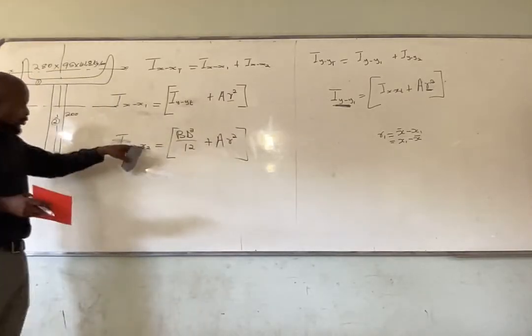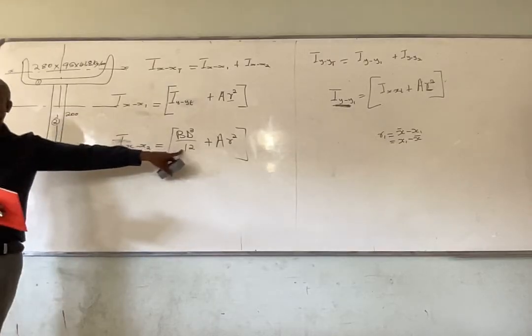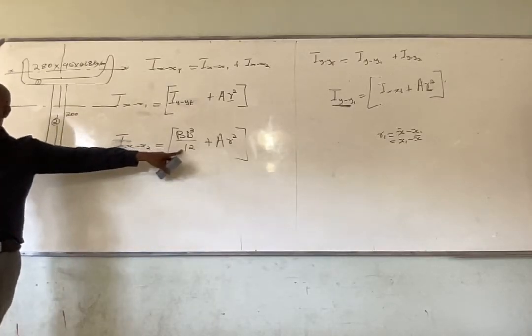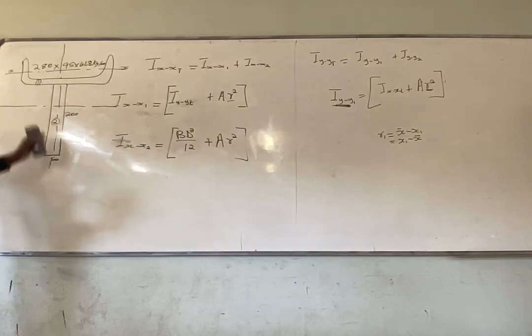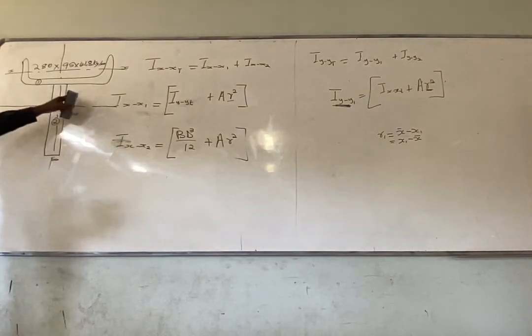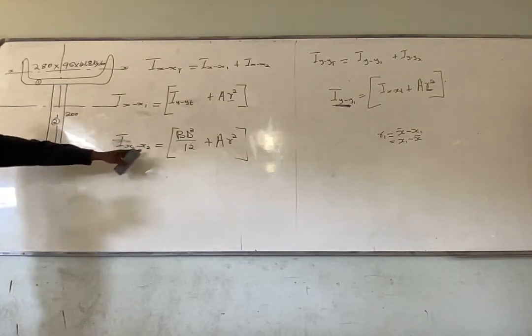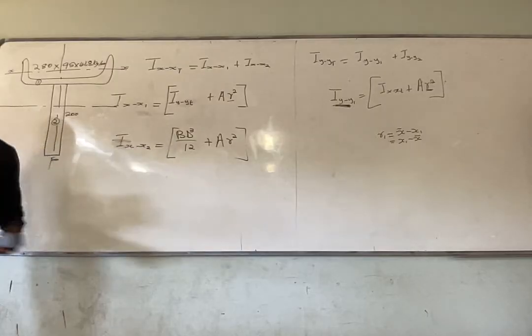Because area 2 is not standard, we cannot read it from here. We check it's a rectangle, and because it's a rectangle, we need to use the formula.